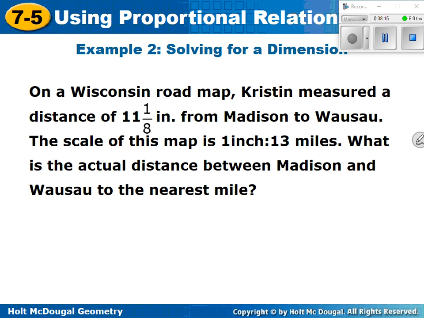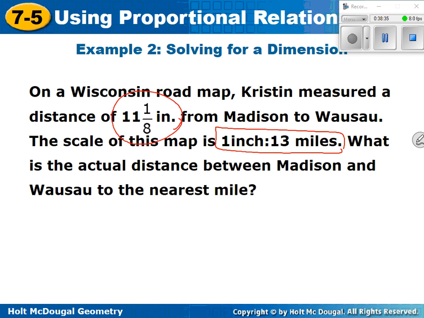And that is 11 1/8 inches. And your road map had a scale on it. And it said, for every inch, that's the same as 13 miles. And then you calculated how far is it then from Madison to Wausau.